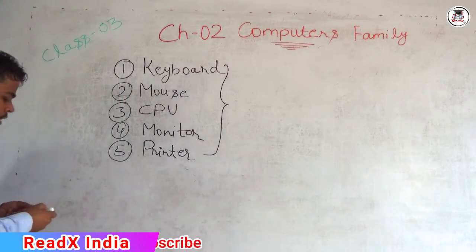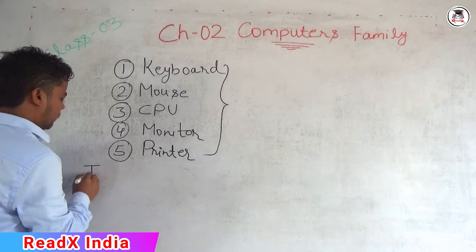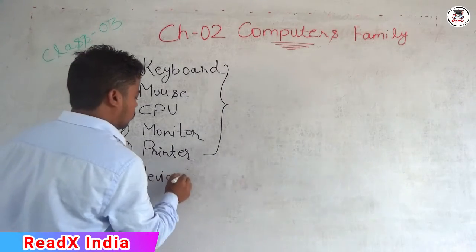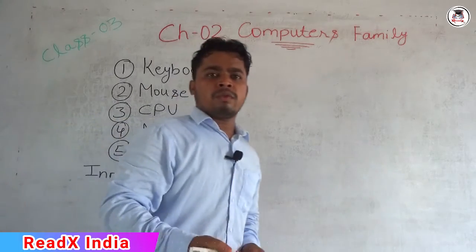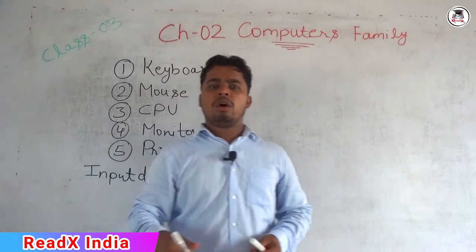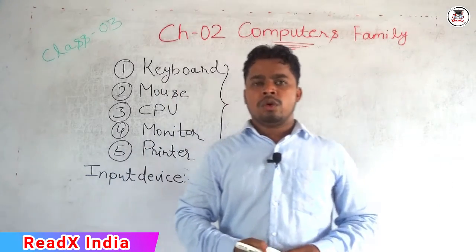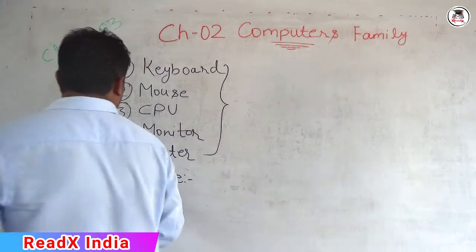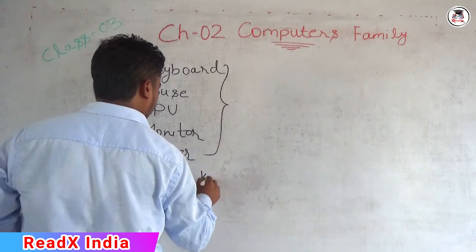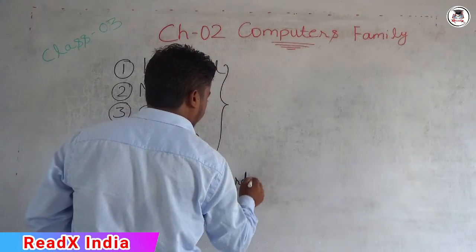If we talk about input devices, how do we define them? Input devices are the devices used to provide instructions or input to the computer in order to perform a certain task, like the keyboard and mouse.